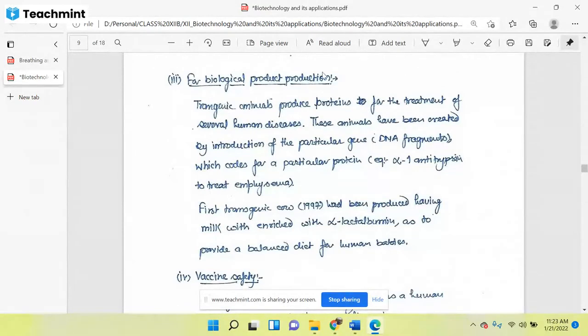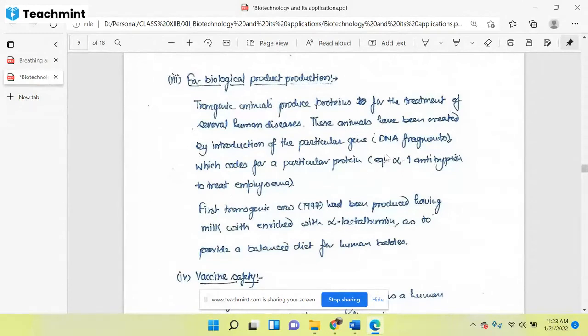These animals have been created by introduction of a particular gene. If we want to get a protein of a particular DNA, we put that gene of interest, which codes for that protein, into the transgenic animal.